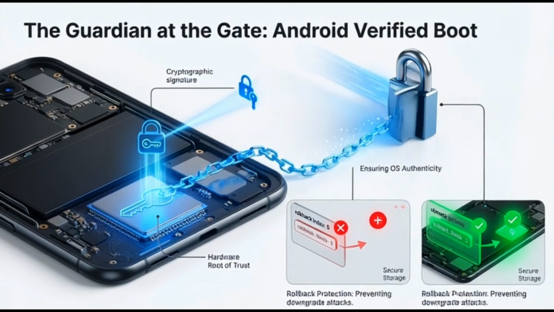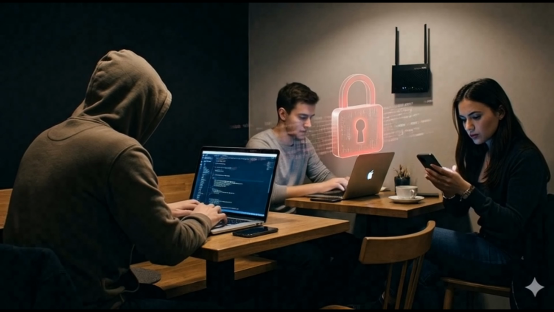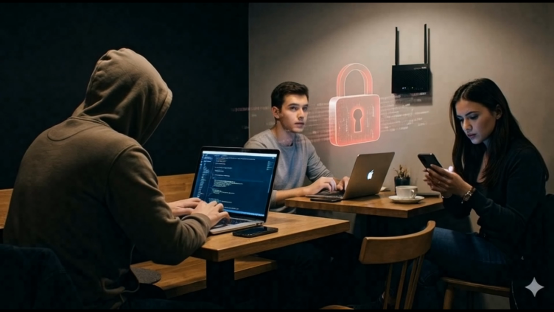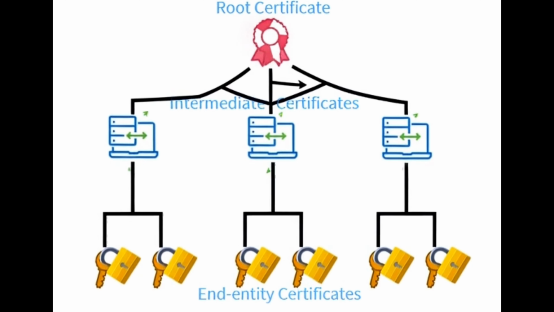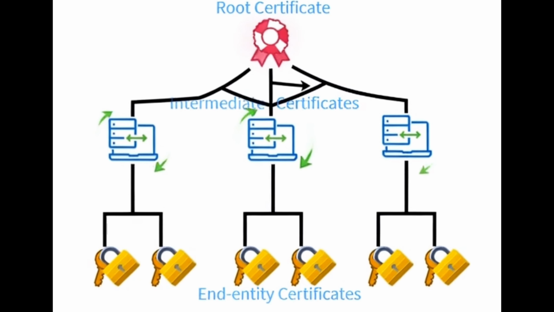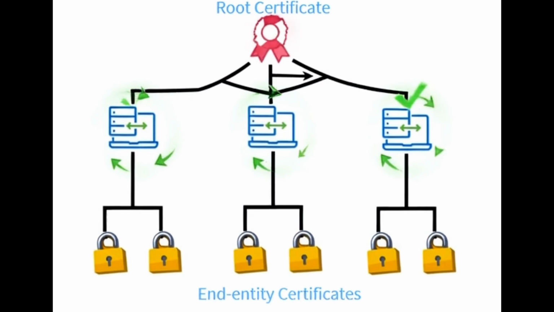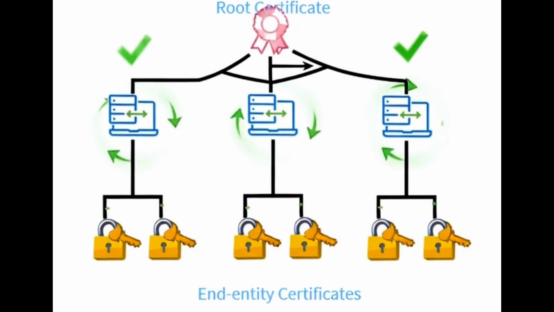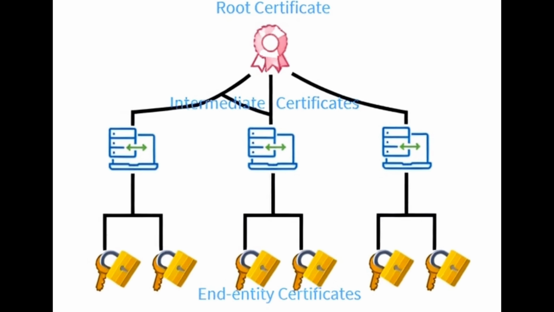AVB stands for Android Verified Boot. It provides cryptographic assurance that the executed code is from a trusted source and has not been tampered with. The whole concept uses what we call the chain of trust, using keys, which is signed. So the root of trust key, the public key, is stored in a tamper-evident hardware. And the bootloader then uses this particular key to verify the signature of the top-level VB meta partition.